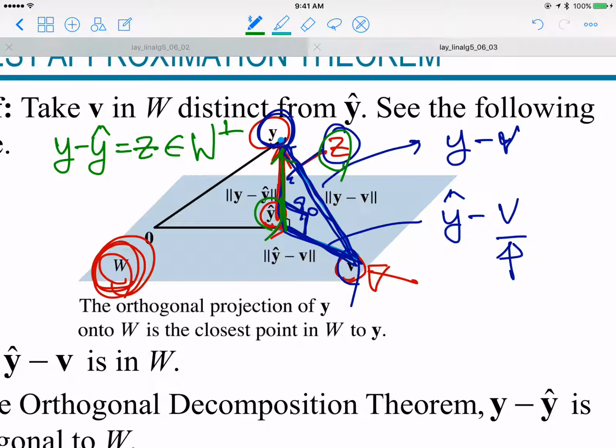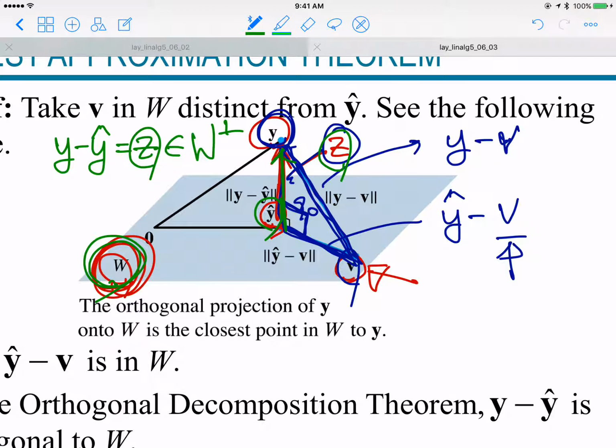So W perpendicular, what was the meaning of it? We have quite a strict requirement for this W perpendicular. This vector Z should be orthogonal to any vector you choose from this W, right?